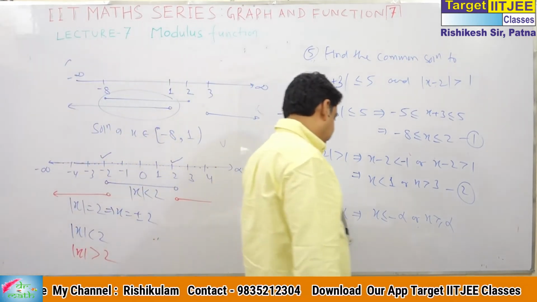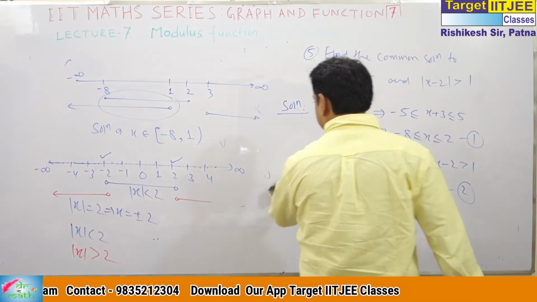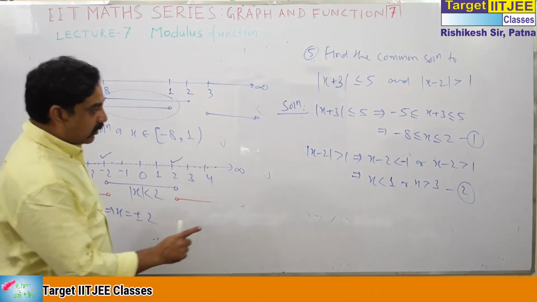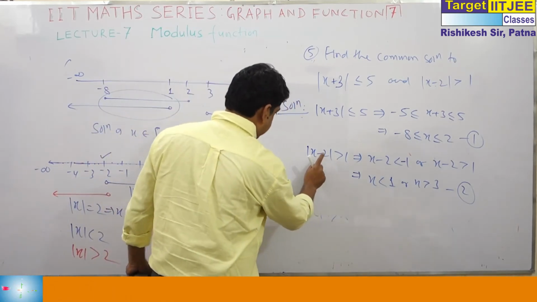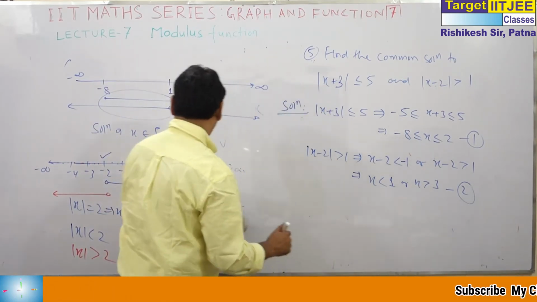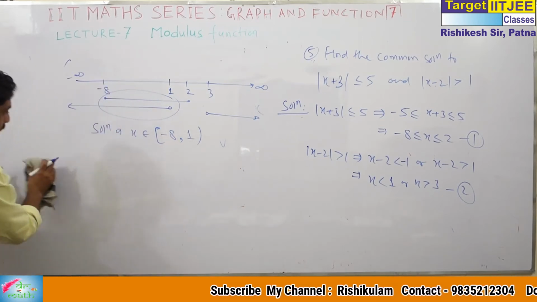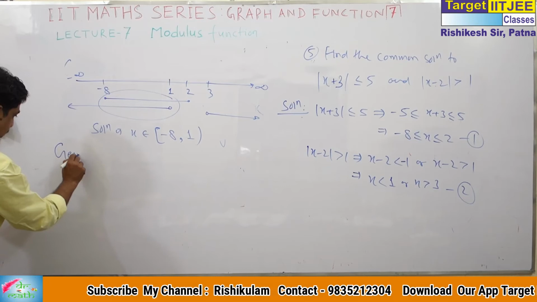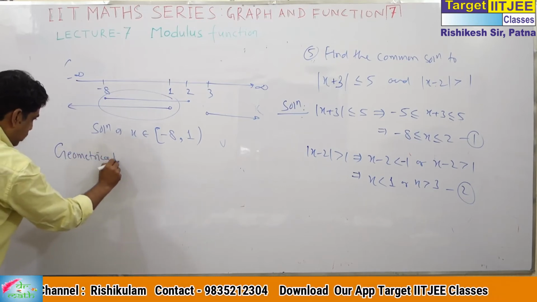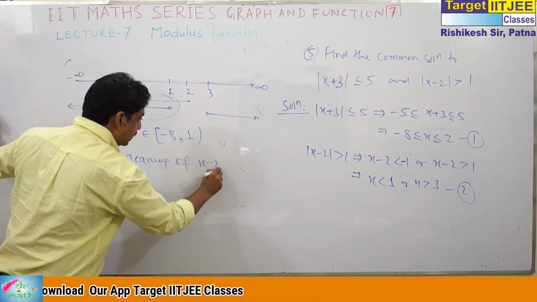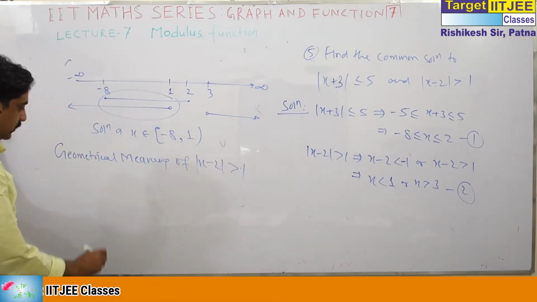There is one more point, and the point is that you can also see it geometrically. What does it geometrically mean? What is the geometrical meaning of mod x minus 2 greater than 1?